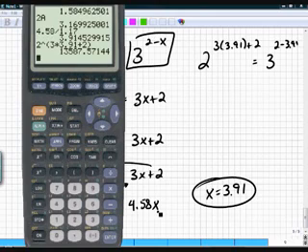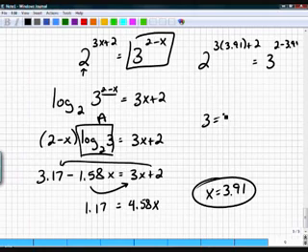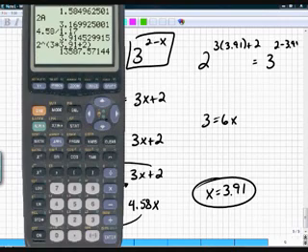3 equals 6x. You divide by 6, so you're dividing by 4.58. 1.17 divided by 4. Did I divide it wrong? I'm sorry, I think I did. I believe you're right.